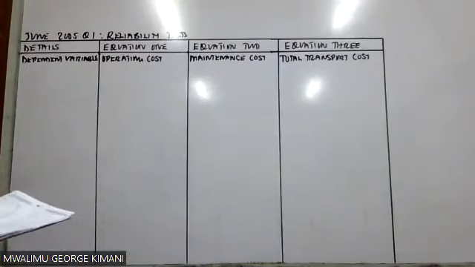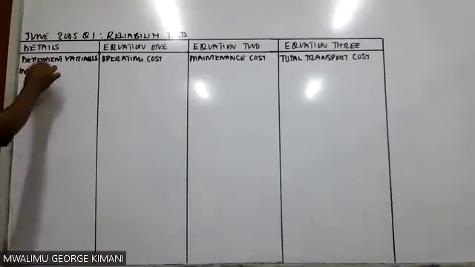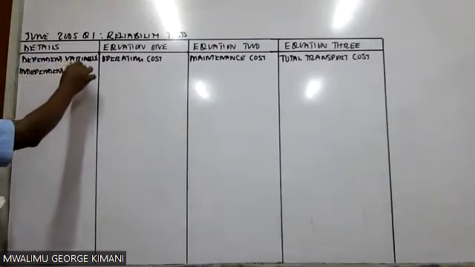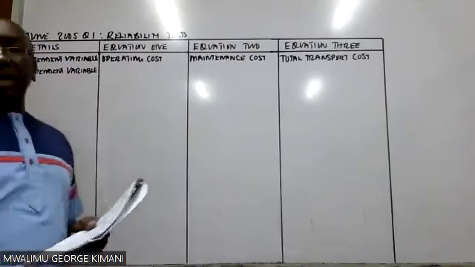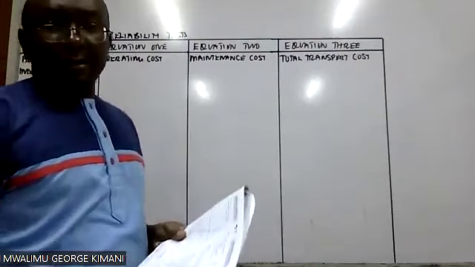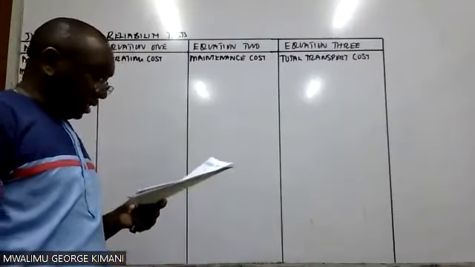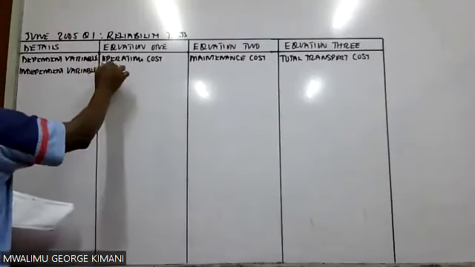Then we have what we call the independent variable. Now, the independent variable is our x. And according to equation number 1, you can see it is distance covered in kilometers.